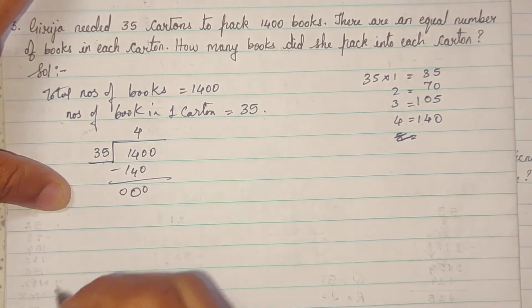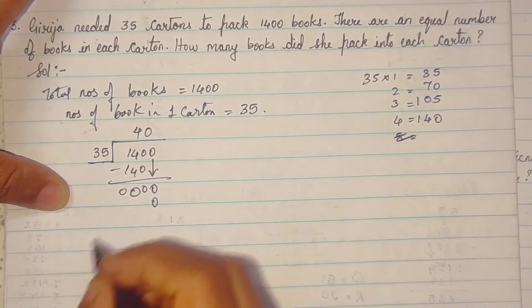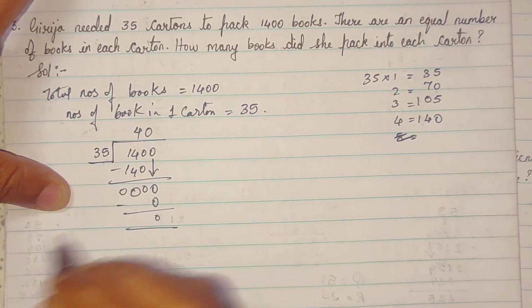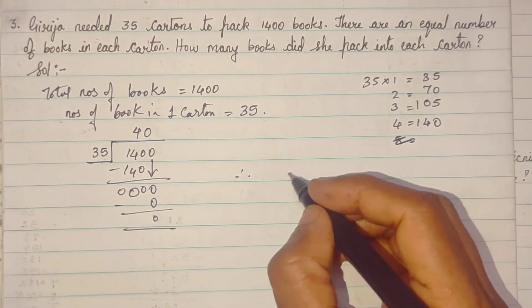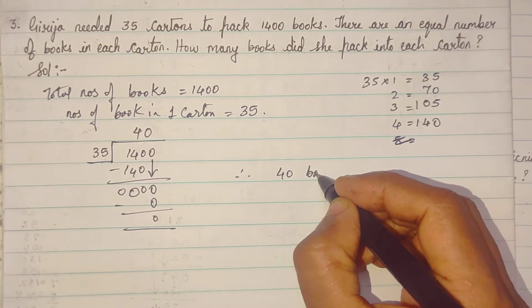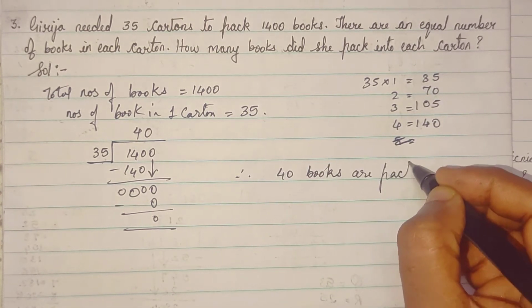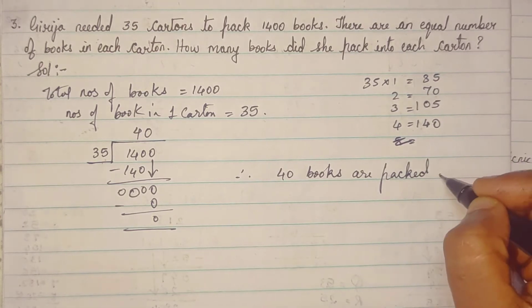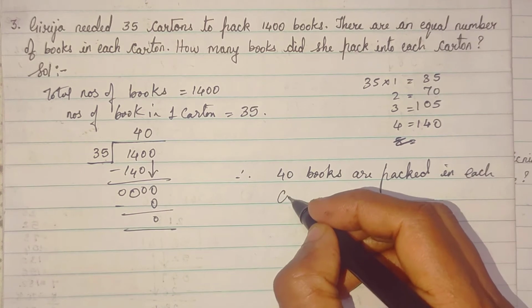Okay, 0 0 0, and then this 0 will come down. 35 zeros are 0. Okay, division finished. So that means 40 books are packed in each carton.